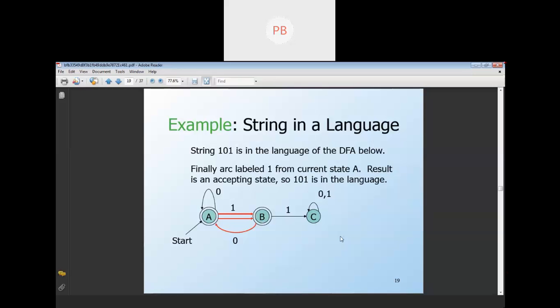It is not the case that every time we have a language, we have to define a DFA. Sometimes you will get a DFA and be asked to find the language. That means we can do our experiments in both ways: either we have a language and we derive the DFA, or we have the DFA and from this DFA we define the language.